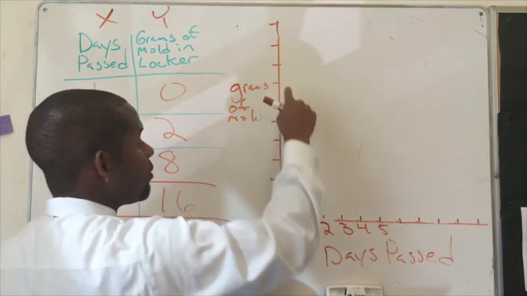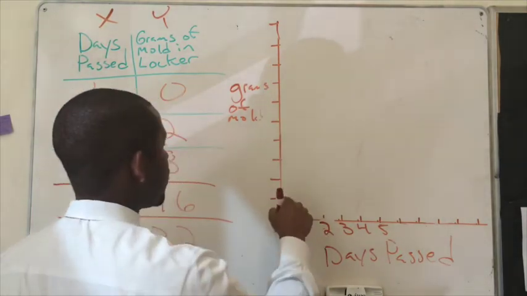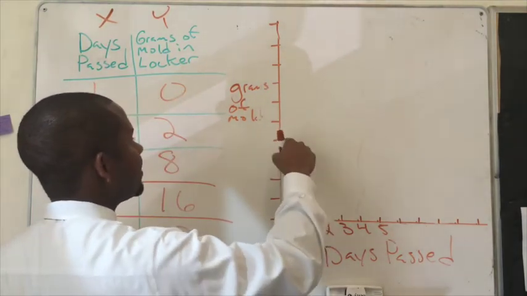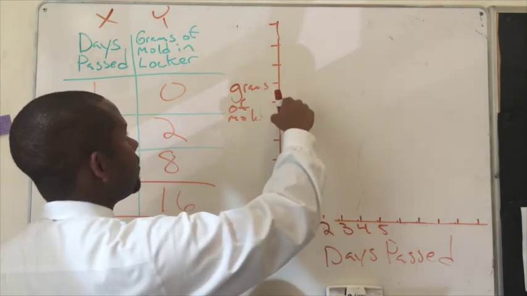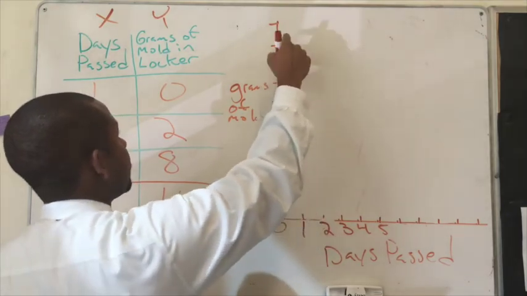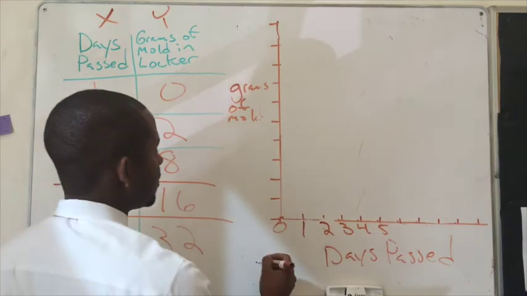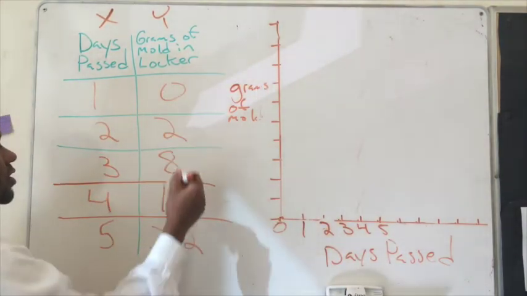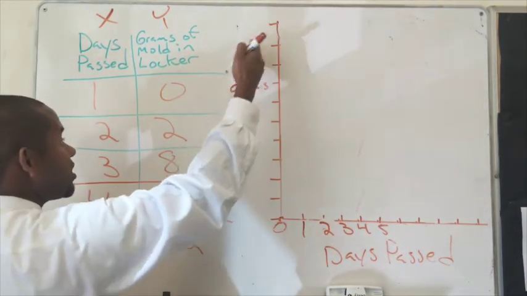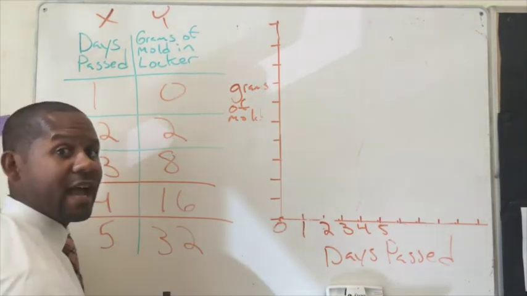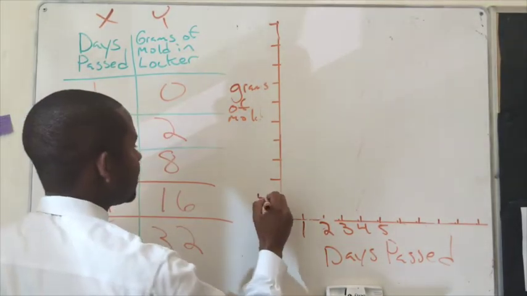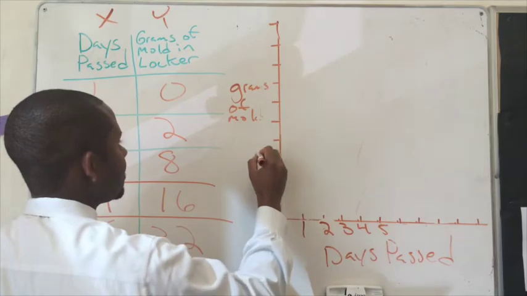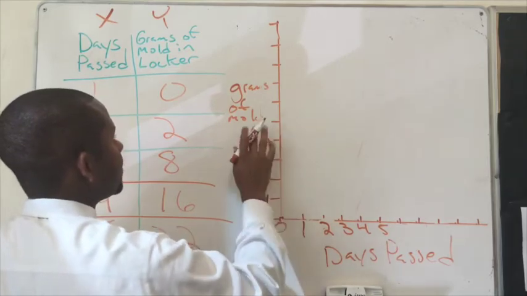That would get me there. But what if I counted by 4s? 4, 8, 12, 16, 20, 24, 28, 32, 36. I like 4s. So I'm going to count by 4s because 4s uses up most of my space and it covers everything, right?